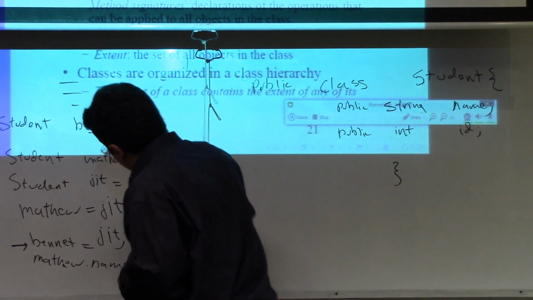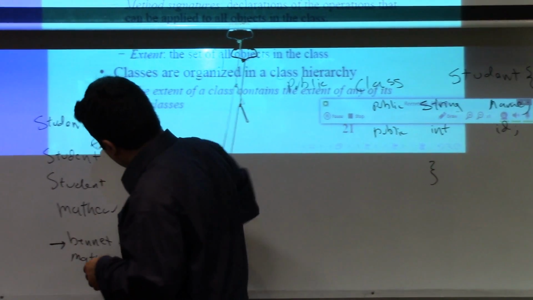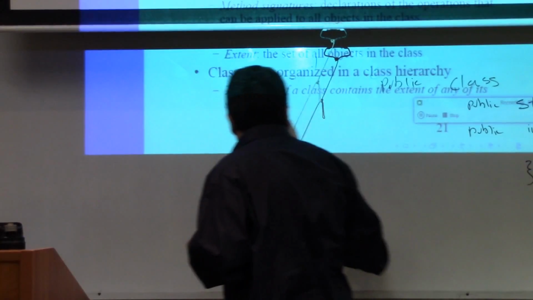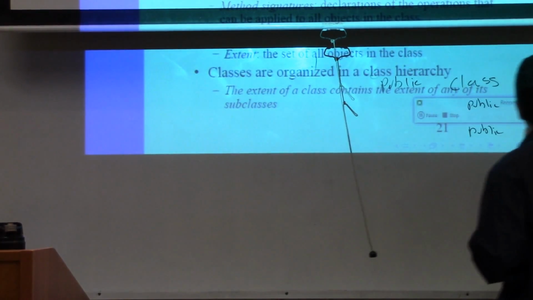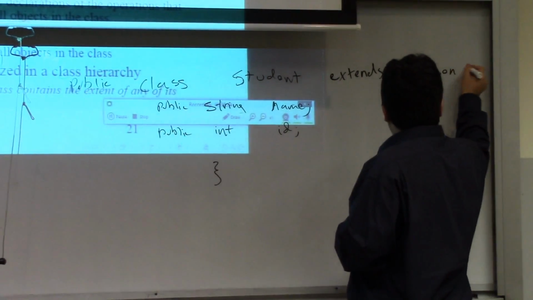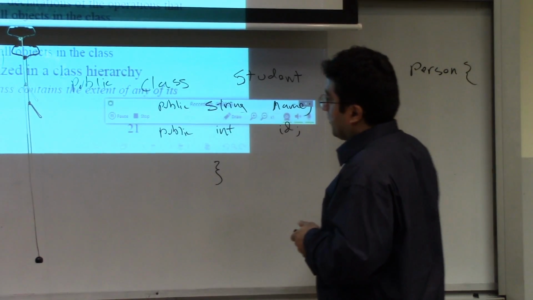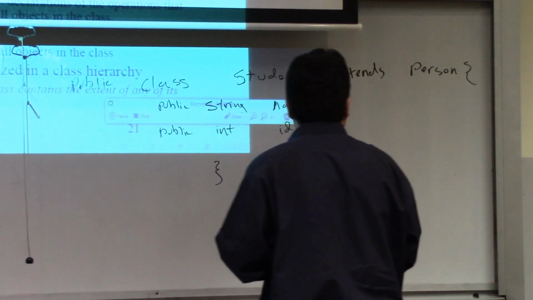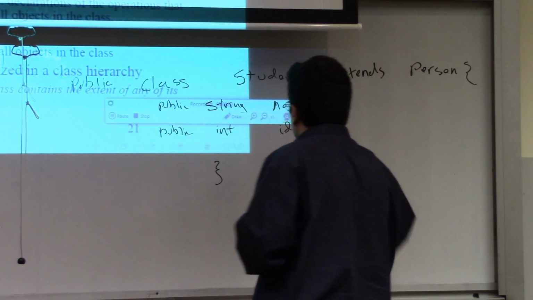I'm using Java examples because I know that you are all very good at Java, and it's a common concept, easier to understand. So suppose that you have this class student, extending person.